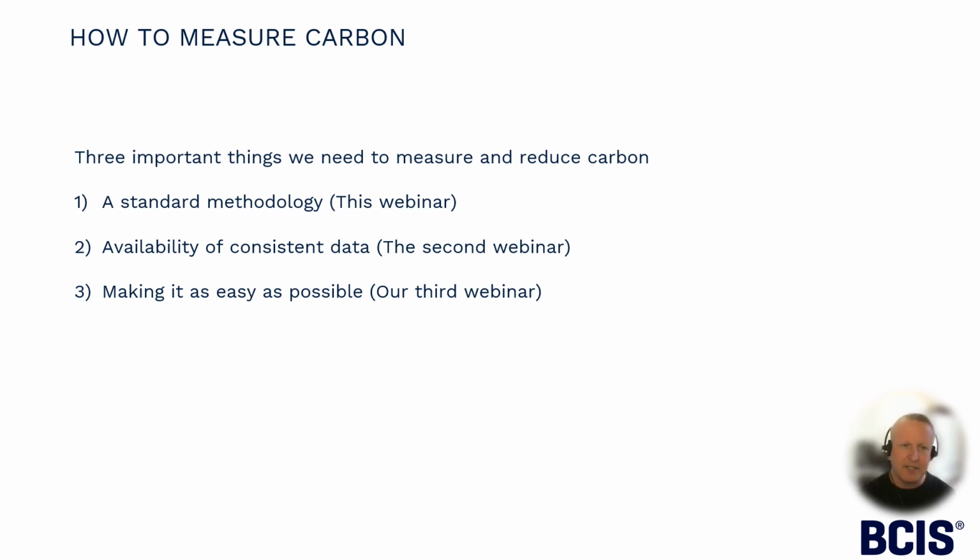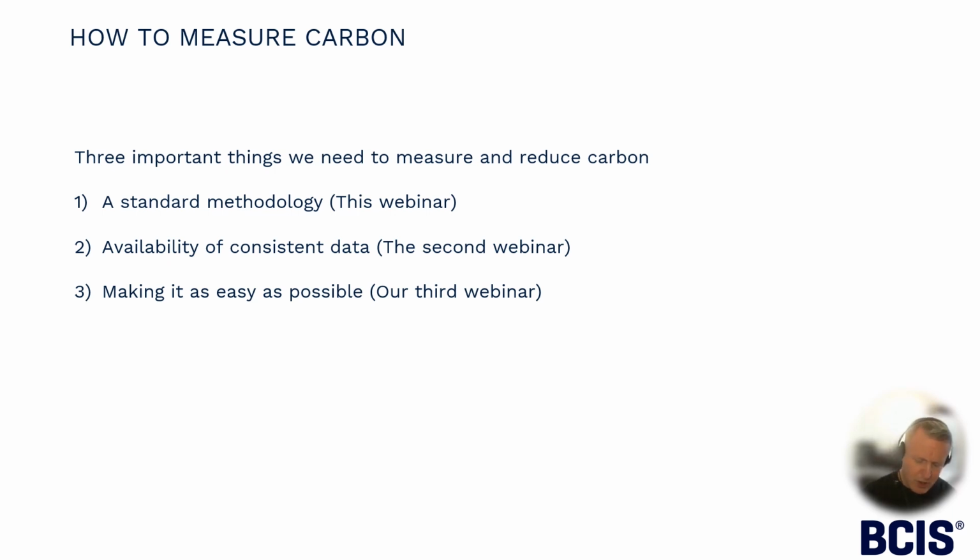It's the fact that they're all likely to be using slightly different methodologies for what is included and what is excluded in their assessment. They're all likely to be using different data, and by data I mean different numbers for concrete, different numbers for steel, and you put those 2 things together, and unfortunately that means that we don't really have huge amounts of consistency in this area at the moment.